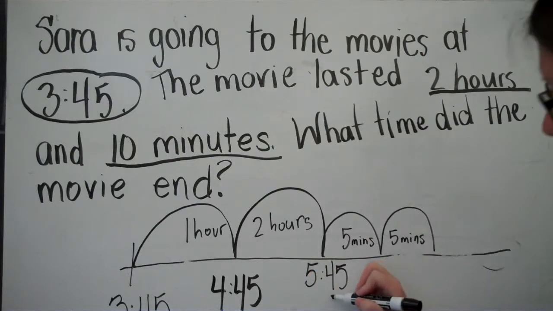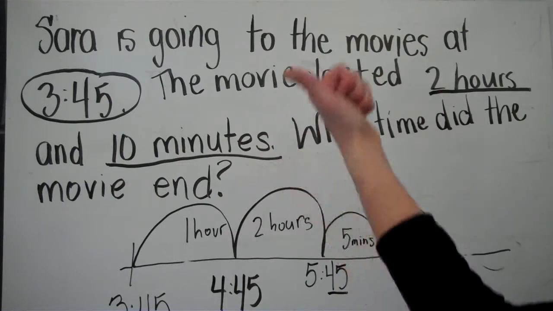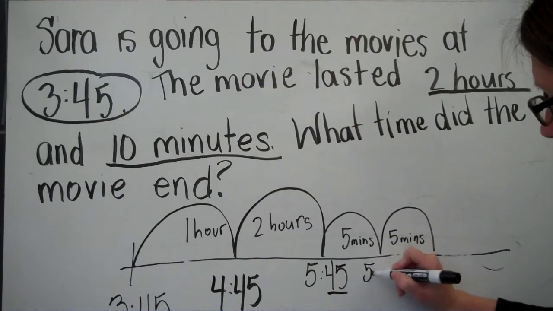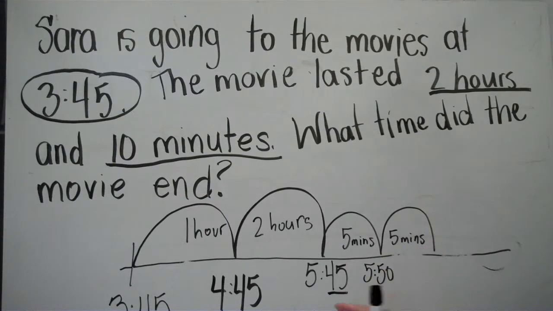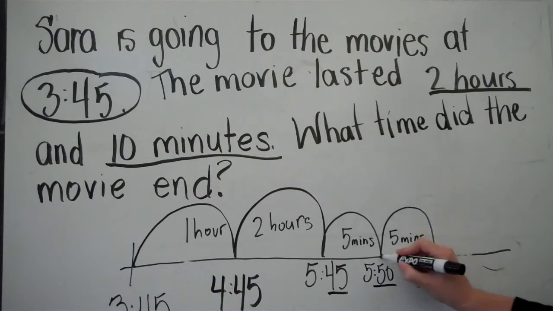So in 5 minutes, now I'm talking about these minutes, so I need to figure out what's 5 more. So I could just count on 5, 45, 46, 47, 48, 49, 50. Or I can just count by 5s. 5, 10, 15, 20, 25, 30, 35, 40, 45, 50. Or you can just start at 45 if you can count by 5s like that.